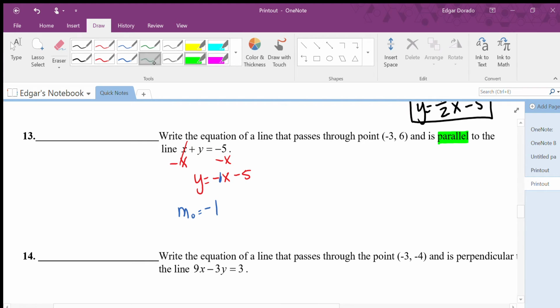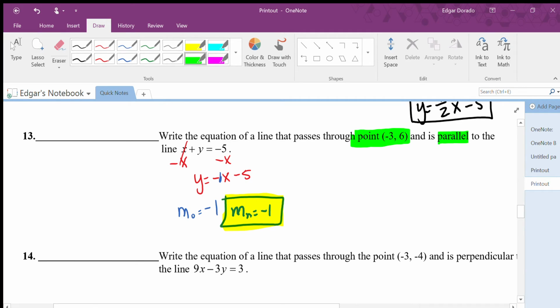So my new m, my new slope has to also be -1. So I have everything I need. I have a slope, I have a point, okay?